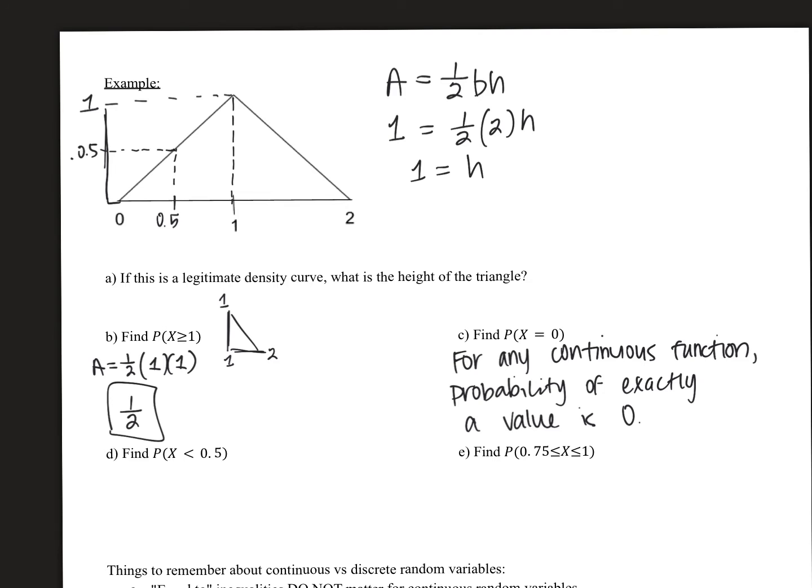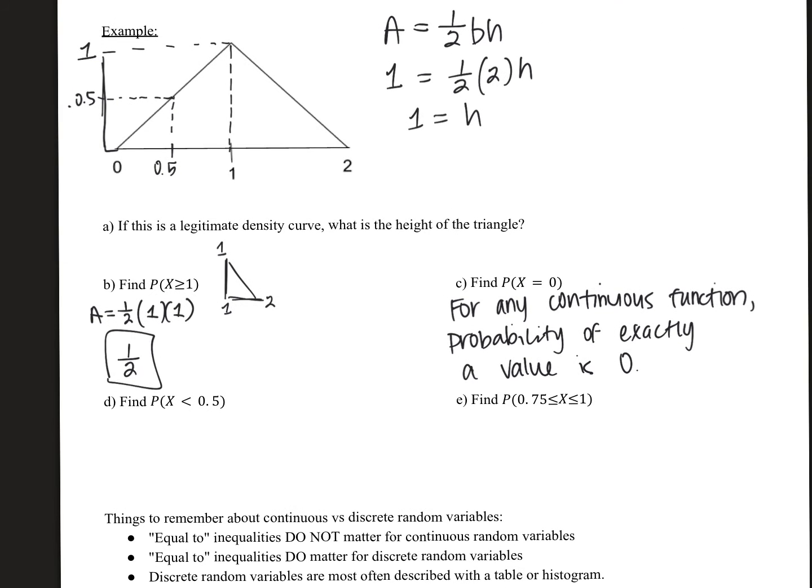So basically we have 0, 0.5, 0.5. We're finding the area of that triangle. My base is 0.5. My height is 0.5, which is going to give us 1/8.